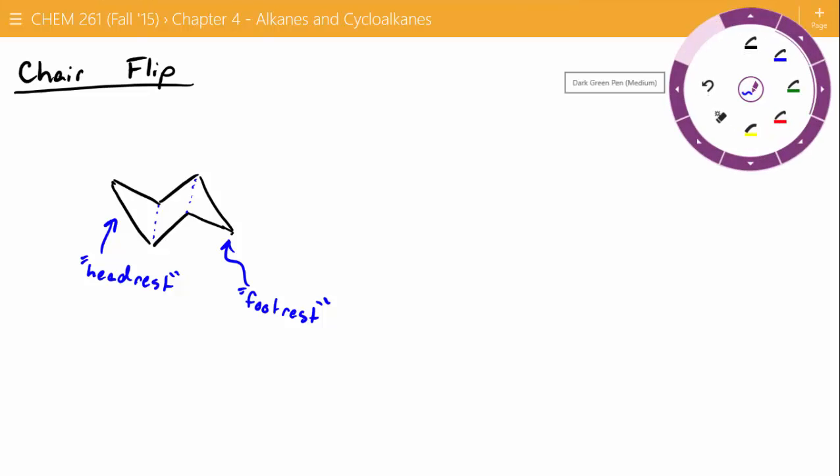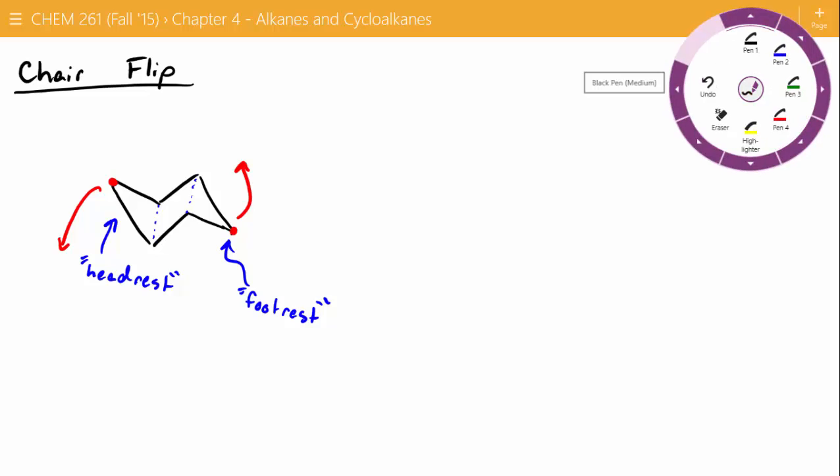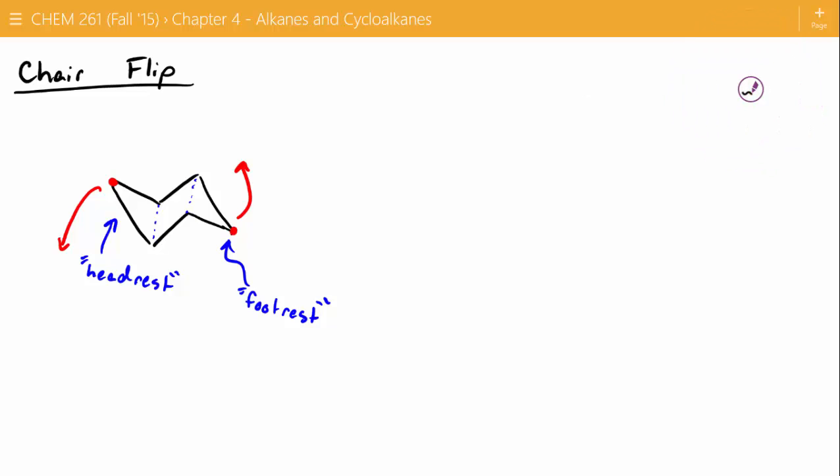And what I was showing you guys is you grab this carbon on your headrest. It's the top of your headrest. We're going to pull this down. You're going to grab this carbon on your footrest, and you're going to pull it up, right? So if you go through and you think about this, there's a back and forth.